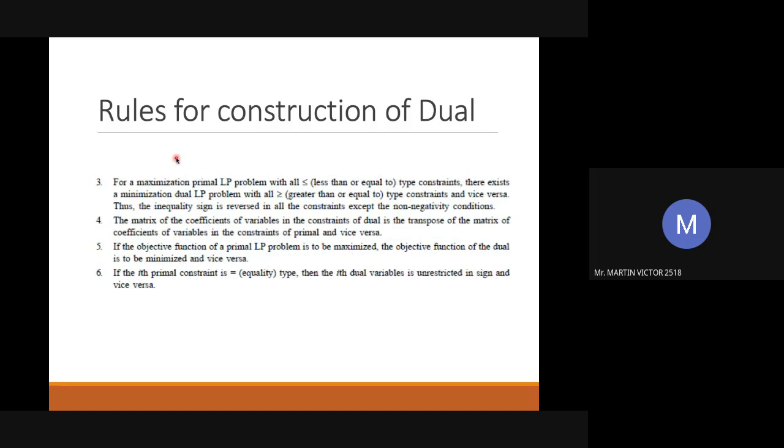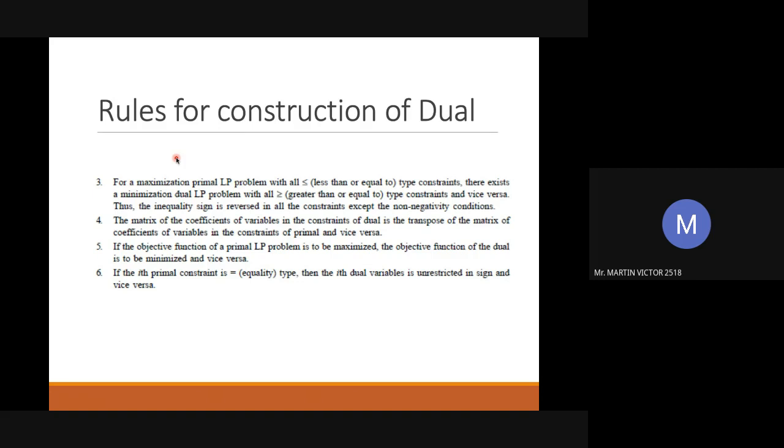Then for a maximization LP problem with all less than or equal to type, there exists a minimization dual problem with all greater than or equal to type and vice versa. So whenever we are having our maximization as a primal problem, that will be converted into minimization, and our inequality type will be greater than or equal to in terms of dual when coming to a minimization problem.